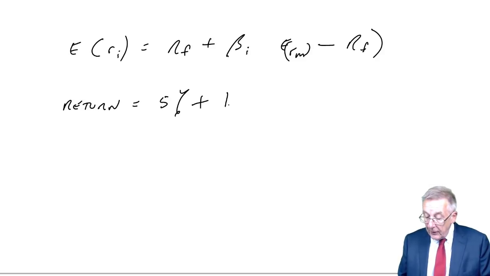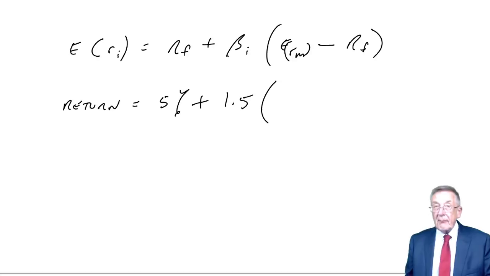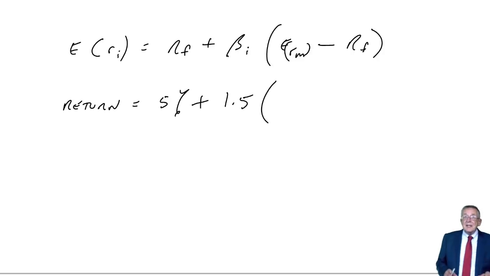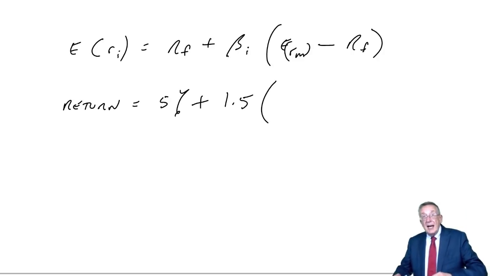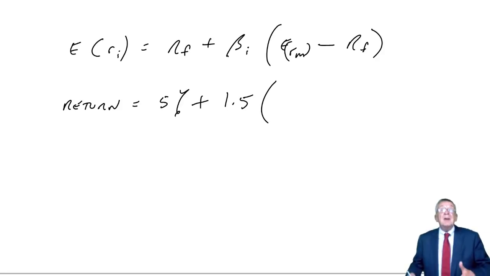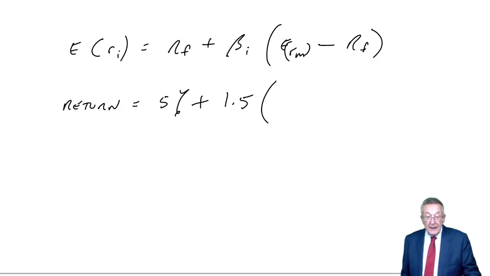This has a beta of 1.5. And we say, we will want a premium above risk-free, but since this is 1.5 times as risky as the market as a whole, we want 1.5 times the premium the market's giving.